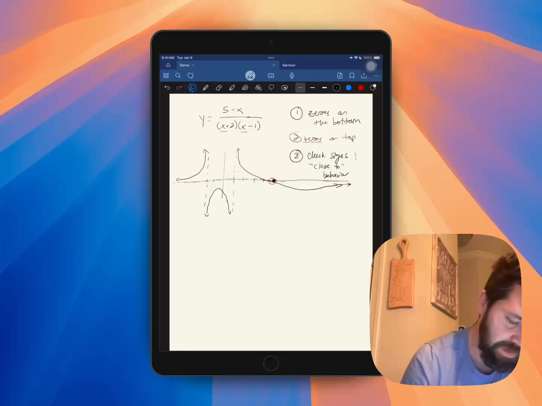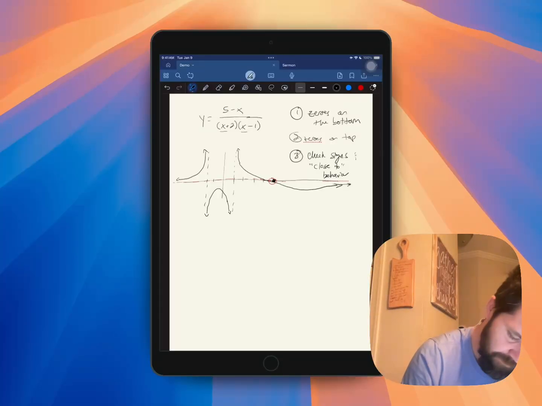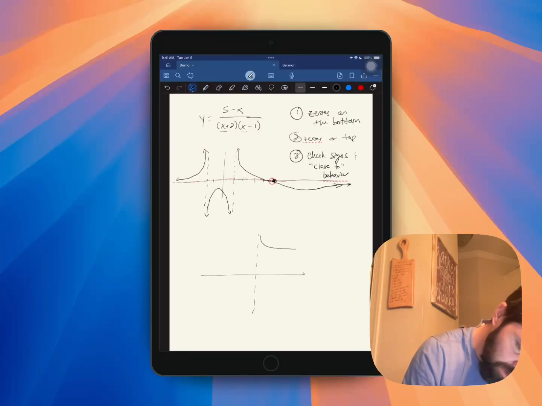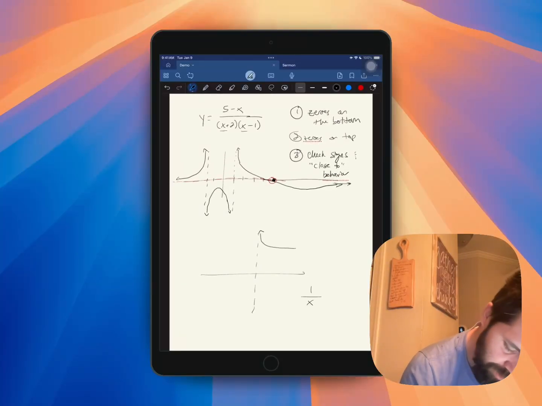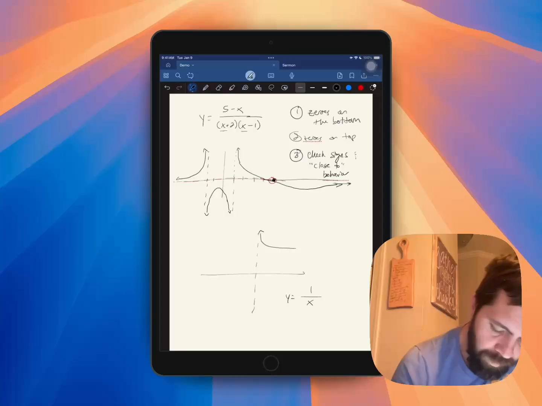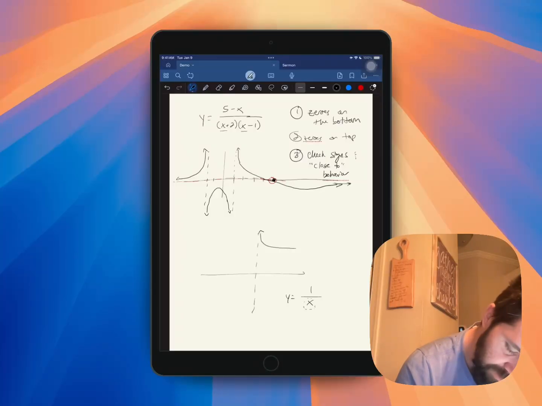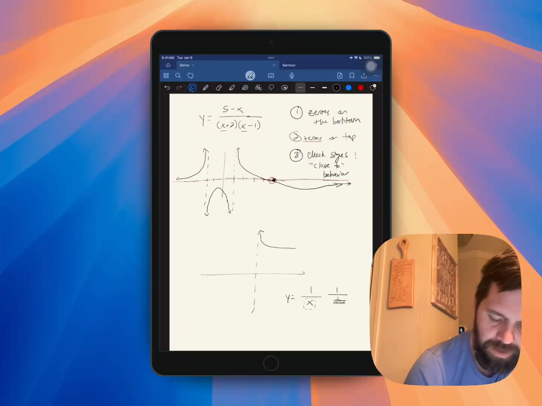And just to dig in on that a little bit, if you think about one of these asymptotes, as we get really close, like if I had, let's just do 1 over x since it's simpler. When this number gets really small, let's just say like 1 over 1 with a bunch of zeros.